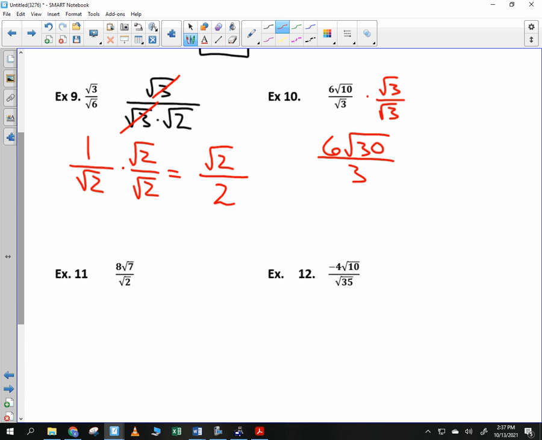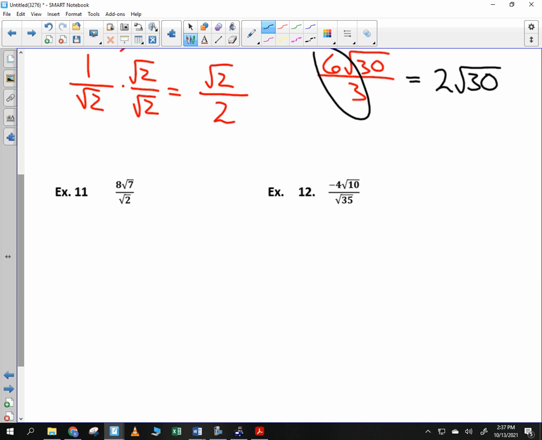Is that done? Very good. Notice that 6 divided by 3 is 2. So this becomes 2 roots of 30. Similar in example 11.